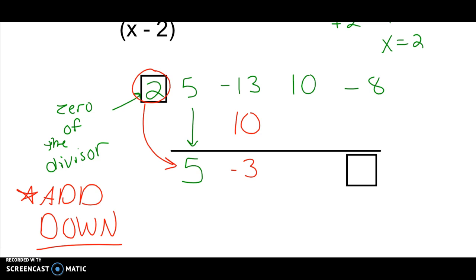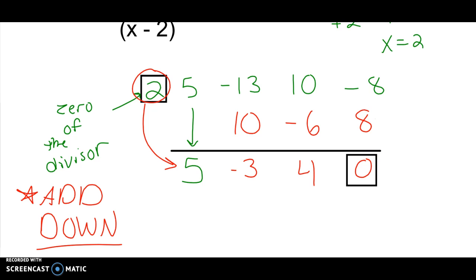You just add straight down. And now you just do it again. You multiply the 0 times the number we just put down here, and what do we get? That goes right here. Add down. Multiply, what's 2 times 4? Add down.